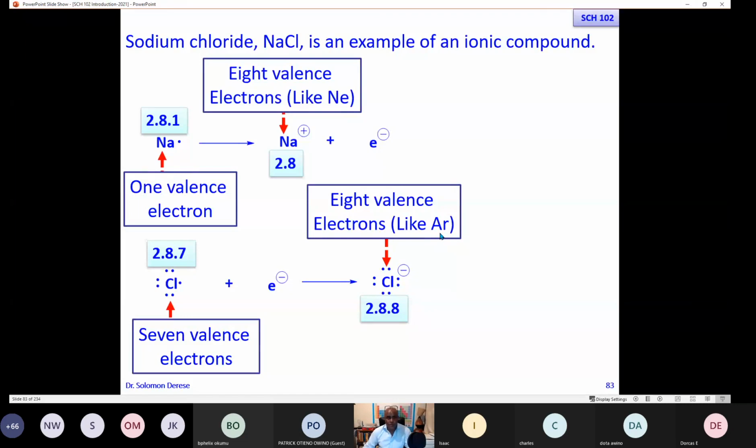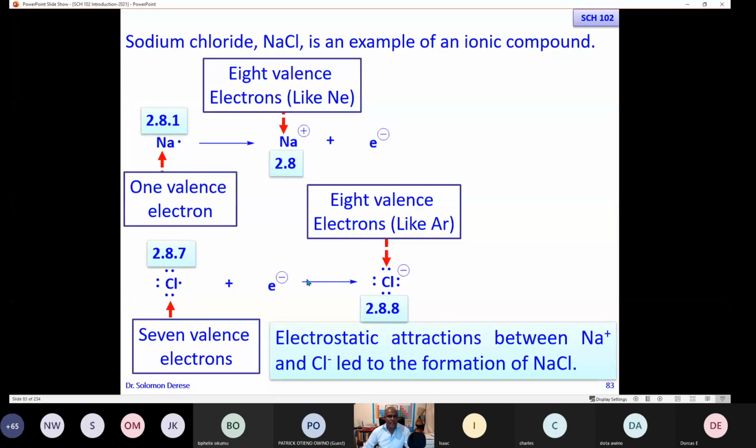So now, during this process, when electrons are lost by the sodium and chlorine gains an electron, ions are formed: positively charged cation sodium ions and negatively charged anion chloride ions. One is positively charged, the other one is negatively charged, and then there is going to be electrostatic attraction between sodium and chloride ions, leading to the formation of sodium chloride, which is an ionic compound.